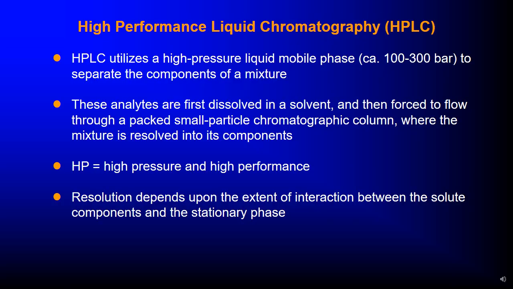High performance liquid chromatography utilizes a high pressure liquid mobile phase to separate the components of a mixture. These analytes are first dissolved in solvent and then forced to flow through a packed small-particle chromatographic column, where the mixture is resolved into its components.